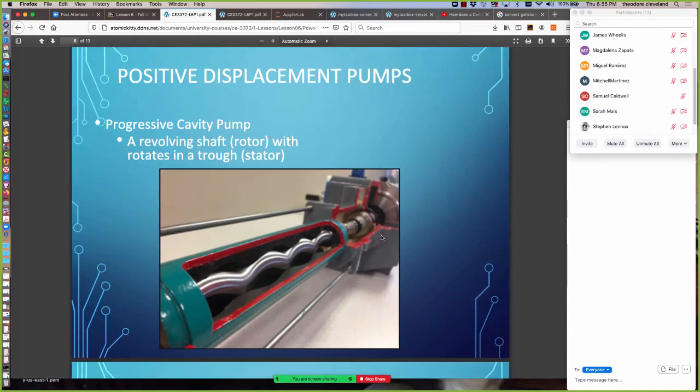Another example is something called a progressive cavity pump. At first glance this looks entirely different than the screw pump, but at a more careful glance, we see that this undulating rotor, a piece of metal that rotates around, has, in this drawing, a sort of extended sine wave shape, and it's sitting in a housing that has cavities the same shape as the rotor.